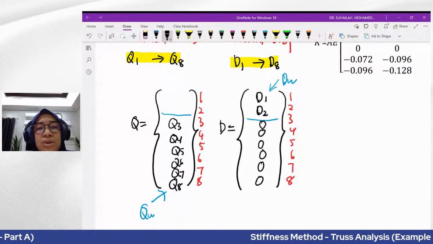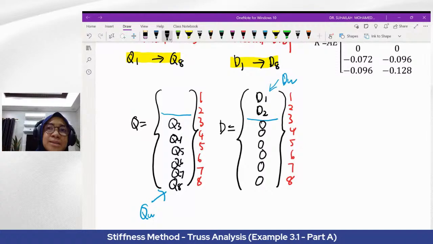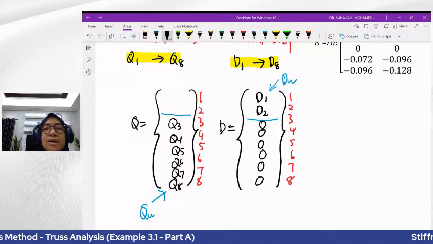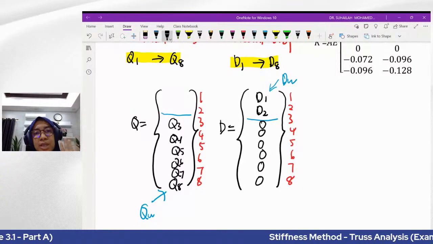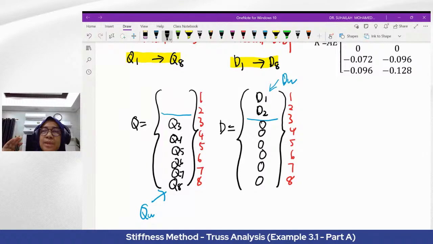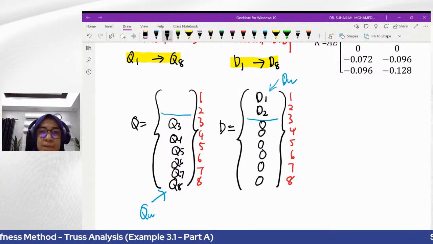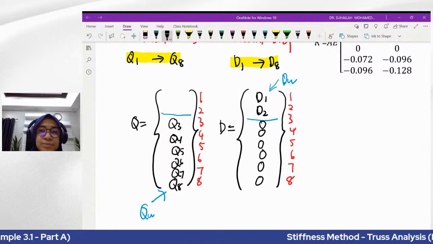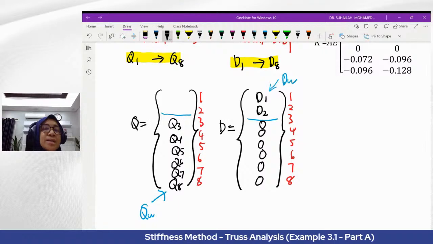And in the opposite condition under D, at the same positions, we have to put a value. So one is known, one is unknown. D will be a known value, and the known displacement due to the support will be 0 because there is no movement at a support.